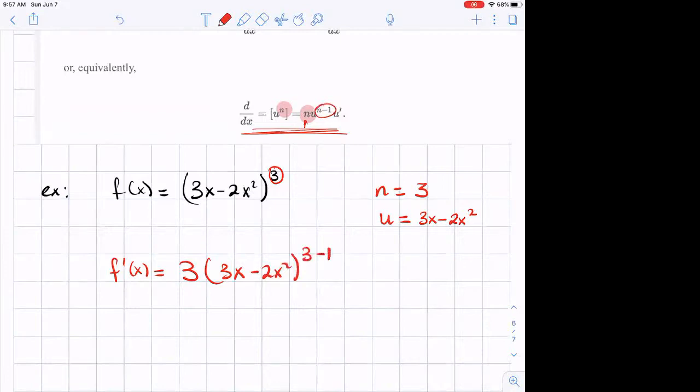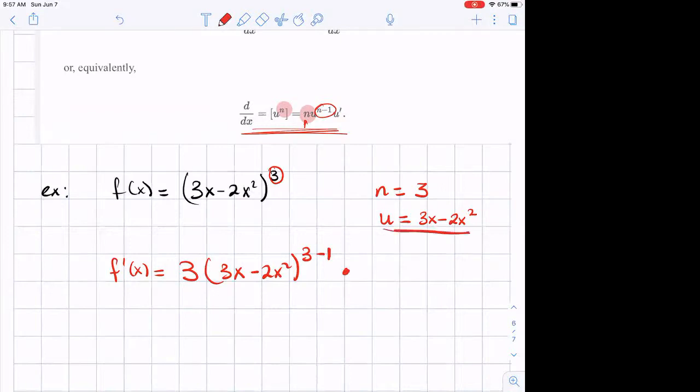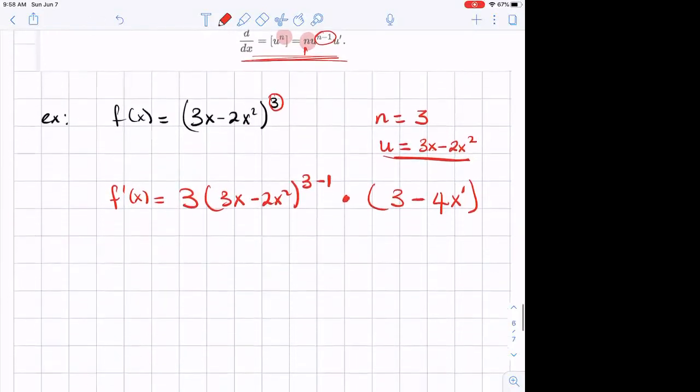Are you guys with me so far? Yes. Times u prime. If this is u, what is the derivative of this? Well, the derivative of 3x is 3, and the derivative of this is minus 4x to the 1 power. Okay? Now we can simplify. Any questions with that?